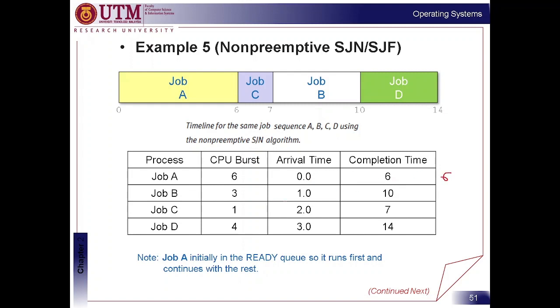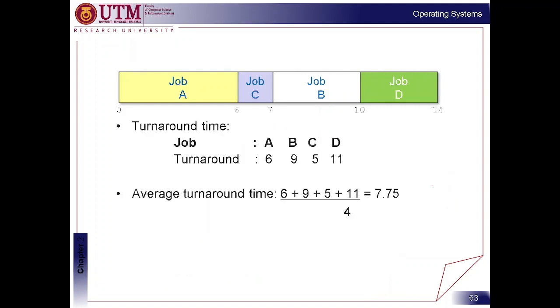Then for this one, we get 9. For job C, we get 5, and for job D, we get 11. So 6, 9, 5, 11. That is the turnaround time.